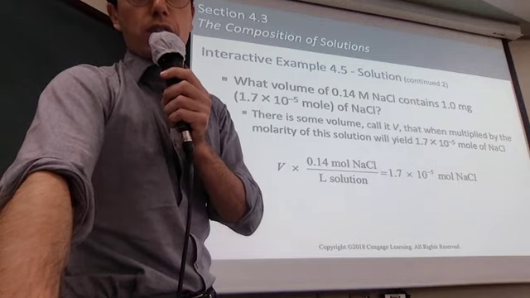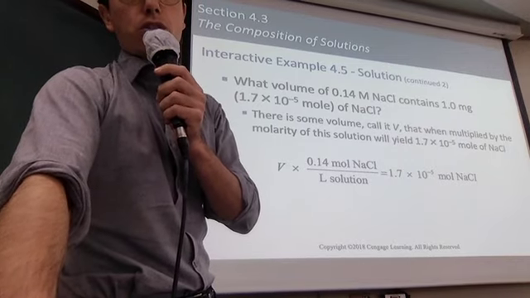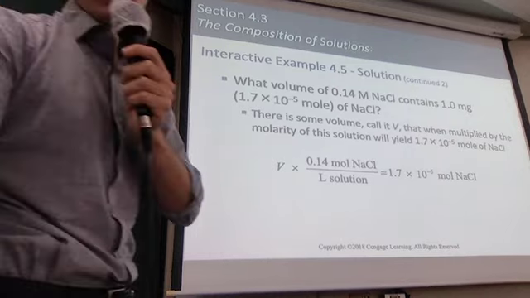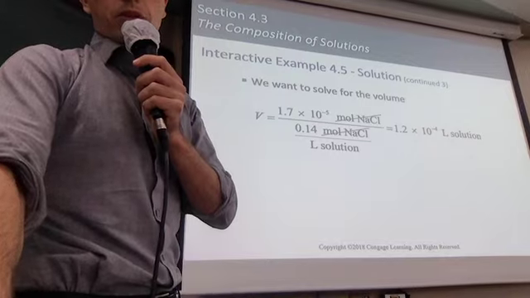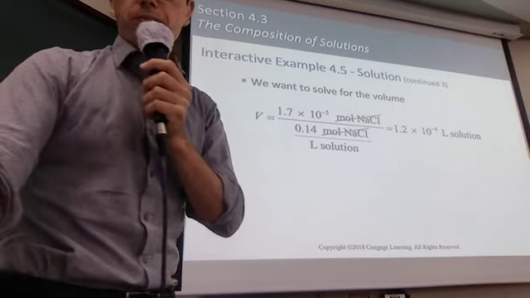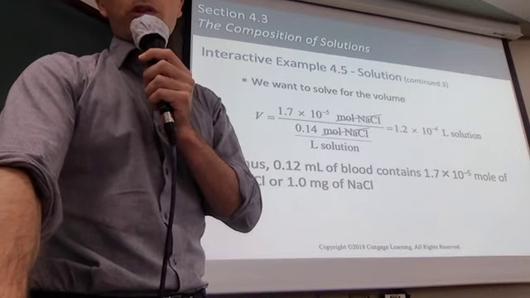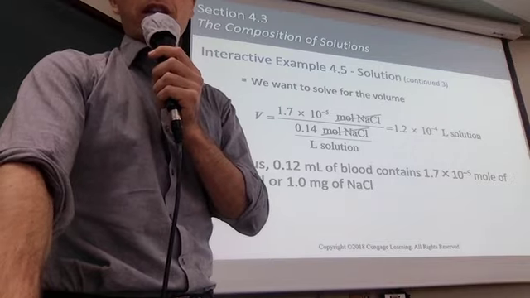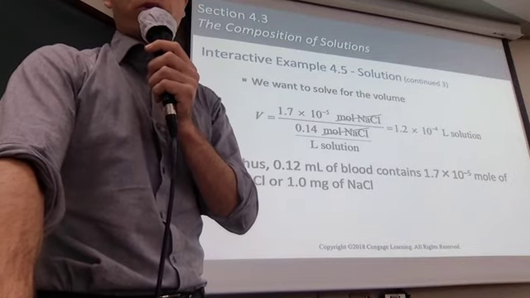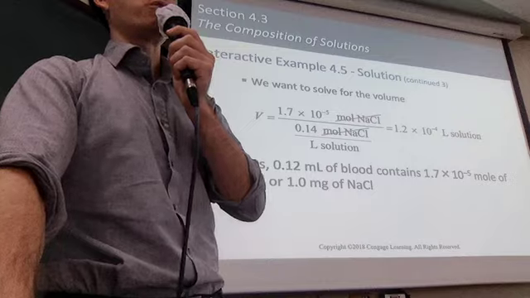So it's V times this concentration. The molar number we have, the concentration we have, so we just need to solve this for the volume, which is then 0.12 milliliter. 0.12 milliliter of blood contains 1.7 times 10 to the power minus 5 mole of sodium chloride, or 1 milligram of sodium chloride.